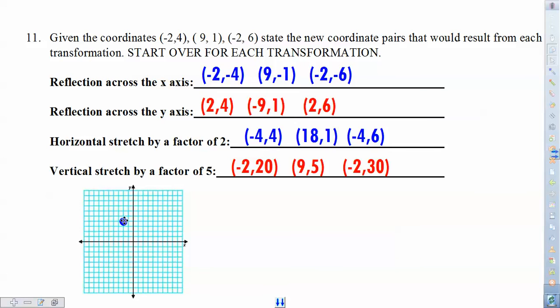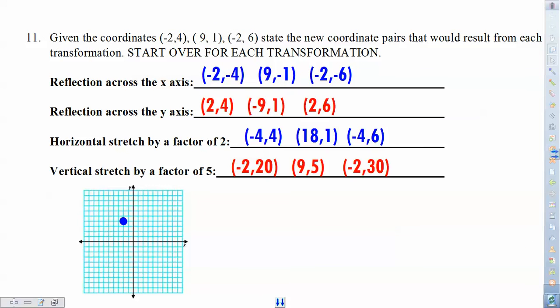Notice that when we take this and reflect it across the x-axis and move it right down there, it's the y coordinates that are changing, not the x. We're just going back and forth from here to there, here, and there. So we are just doing reflections. Make sure that we are changing those y coordinates. Notice that's all I did there, I kept all the x's the same, and the y's just changed to the opposites.